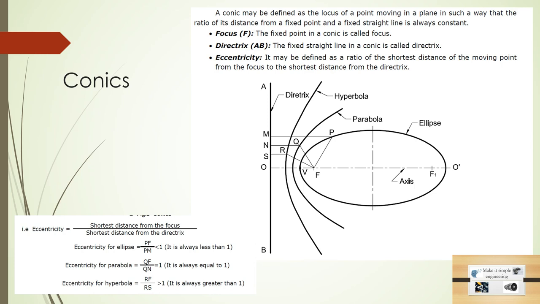In the case of the parabola, the eccentricity, here QF by QN, is equal to 1, and for the hyperbola, RF by RS is greater than 1. So that is called the eccentricity.